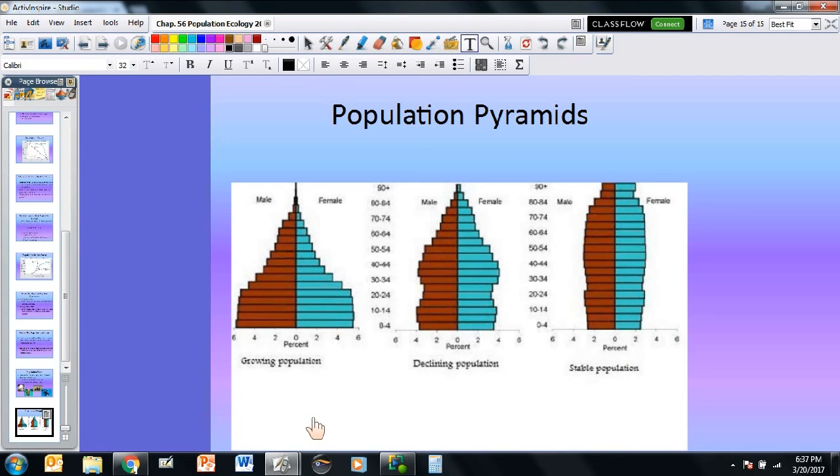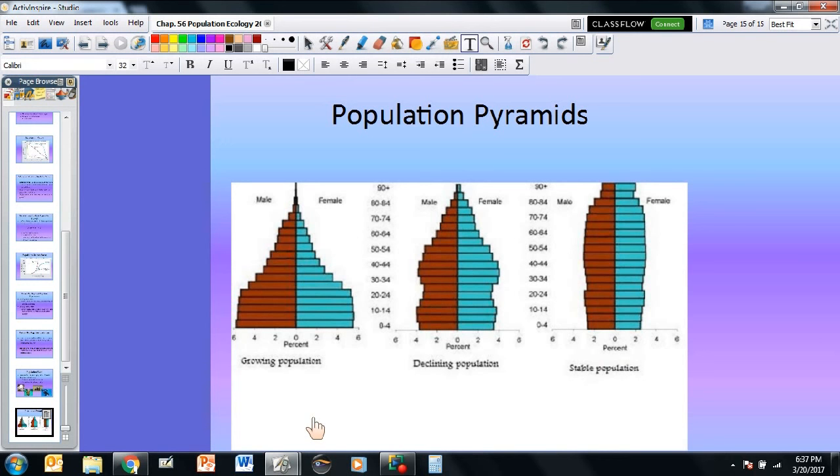A population pyramid with a wide base and a small point shows a population that is growing. That's because there are more adults at breeding age than there are that will actually be dying. If you have a declining population, the base is smaller than the middle or the top.